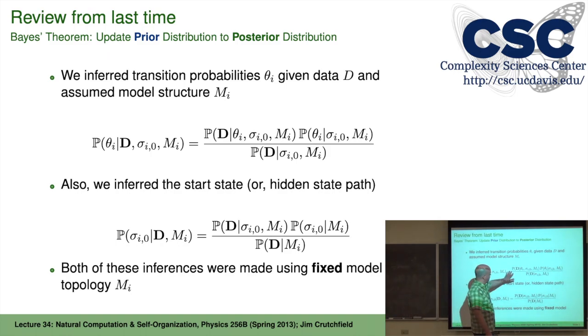In this first one, we were inferring transition probabilities, so we had a distribution over transition probabilities, assuming a start state and assuming a topology, but it wasn't informed by the data. We wrote down a likelihood, and the combination of these two things is reweighted, and it gives us an updated distribution over parameters that now takes into account the data.